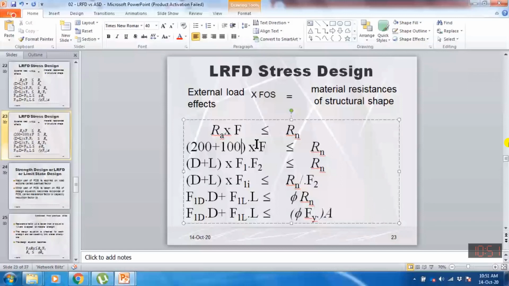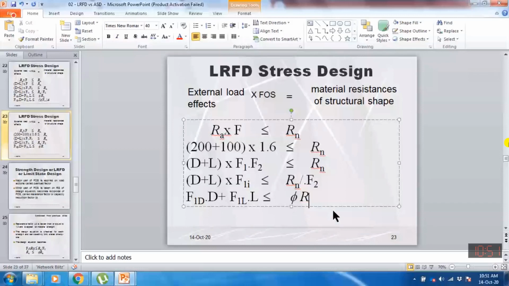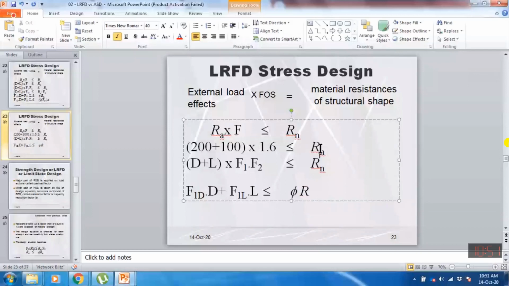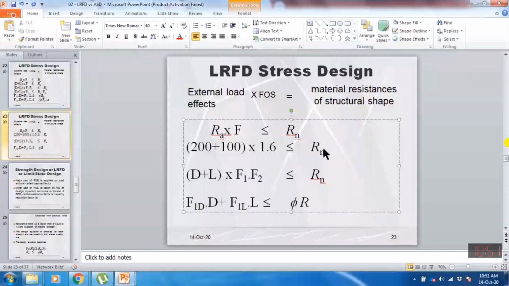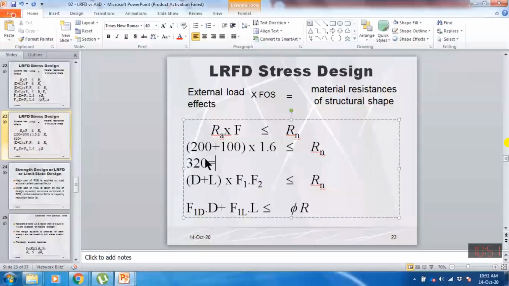So if I am multiplying with 1.6, what will be the answer? 300 when it is multiplied, that will be 320, plus 160.